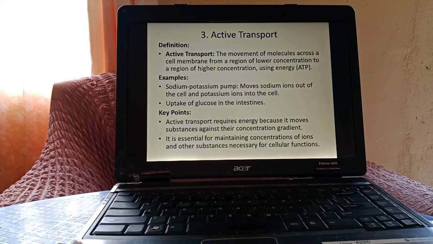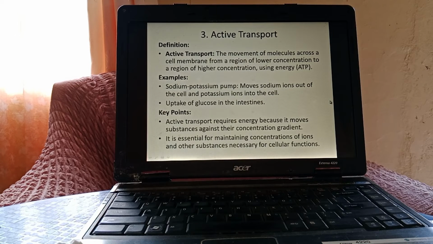They don't use energy. But this one is active because it is using energy from ATP. ATP means adenosine triphosphate, a very rich energy food in the bodies of living organisms.